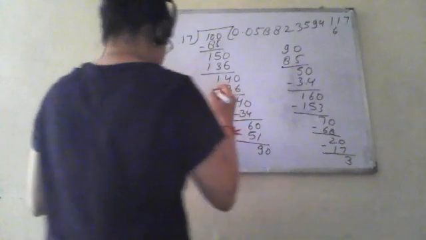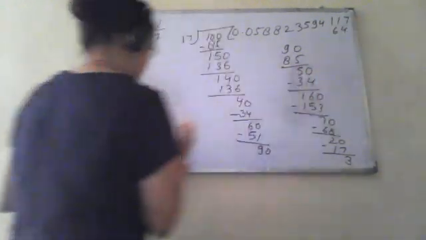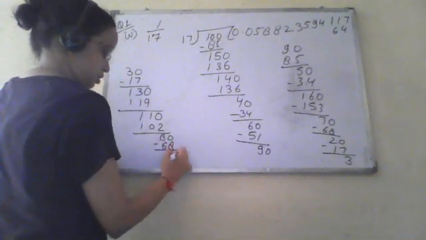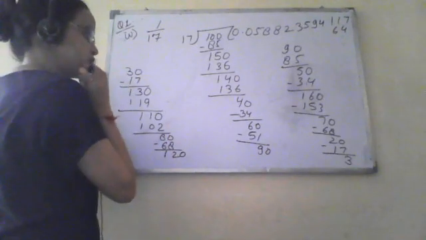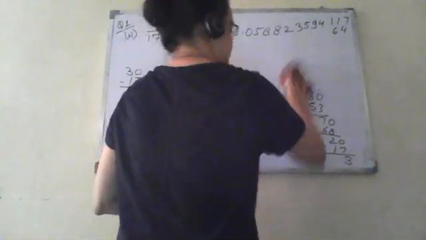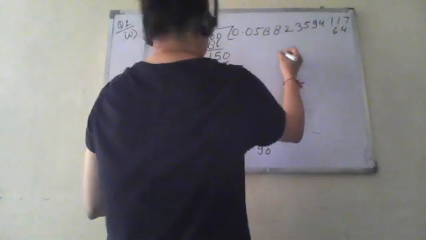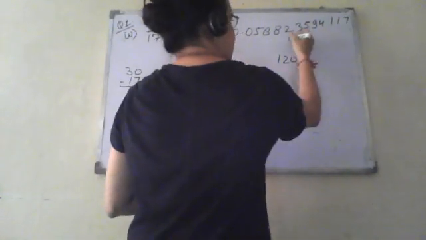And after 6 it will be 4. This is 68. I'm just rubbing this side, okay? So this is 120 here. So this 64.